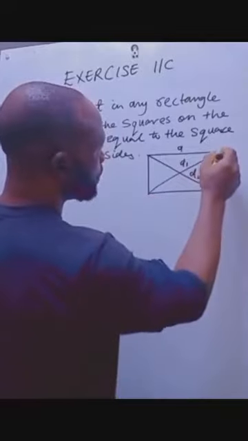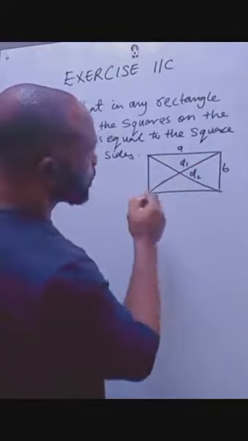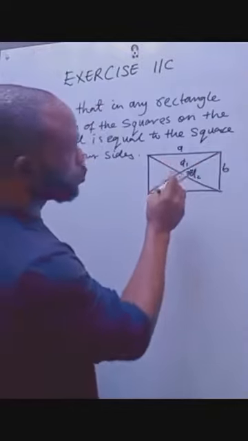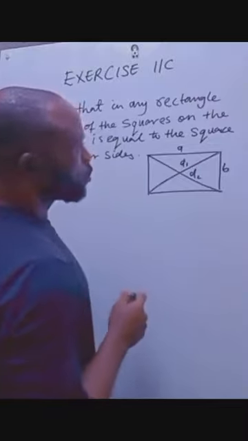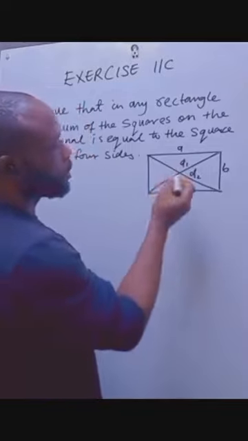You see that the diagonals of the rectangle divide the rectangle into 2 right angle triangles. So I'm going to apply Pythagoras theorem to calculate the length of D1 and D2.